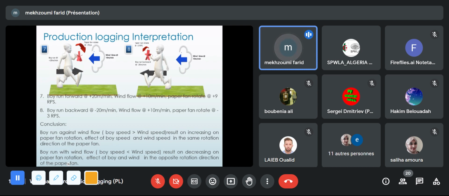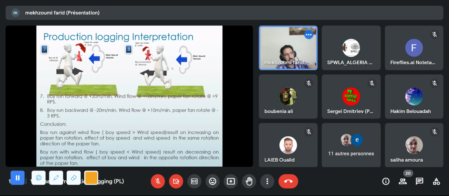So that's why here, when he's going backward, if the speed of the buoy is more than the speed of the wind, we never get positive RPS, because they are acting in two different directions. I mean, it's like the resultant of two forces.